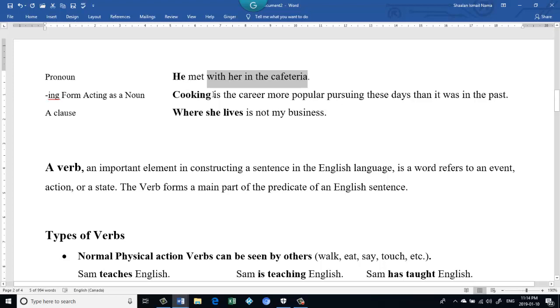Sometimes the subject could be an -ing form acting as a noun. For example, here I have 'is'. Then the rest could be a complement. It doesn't matter how long the complement is.